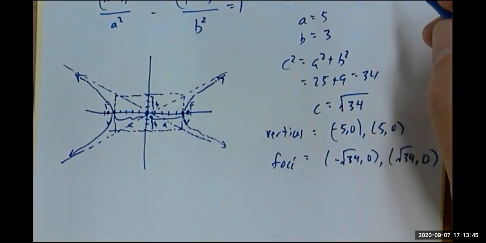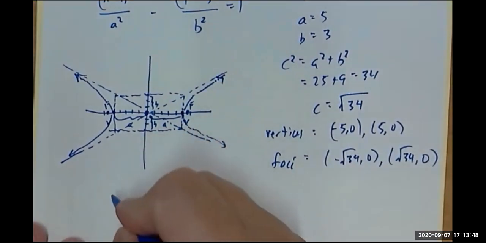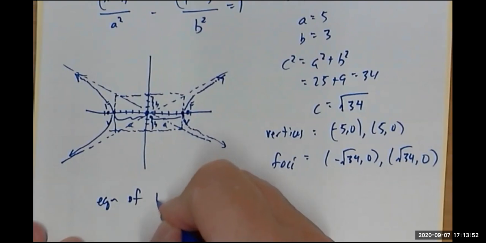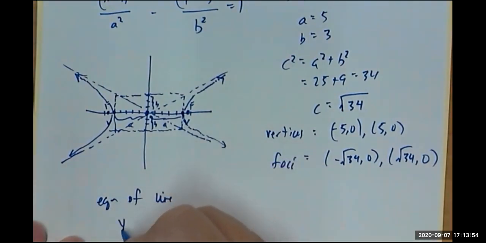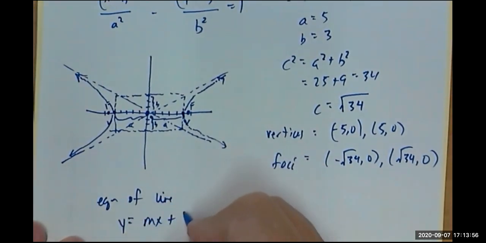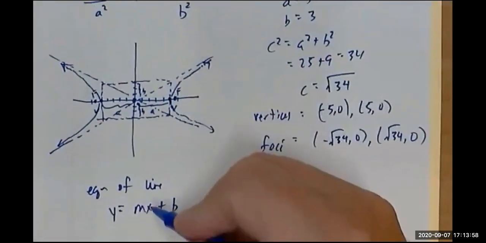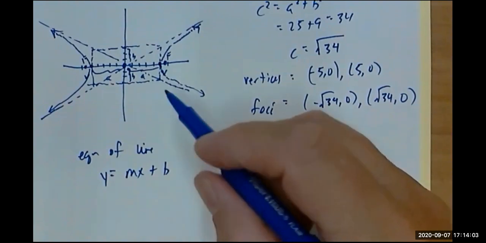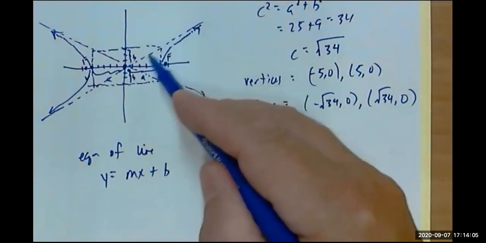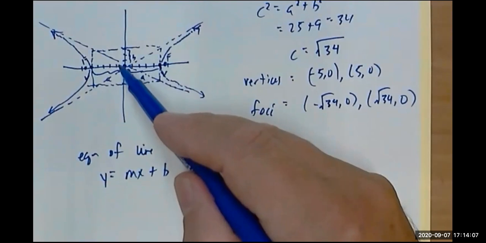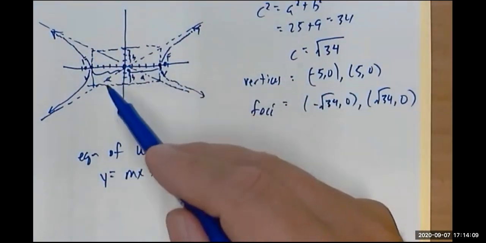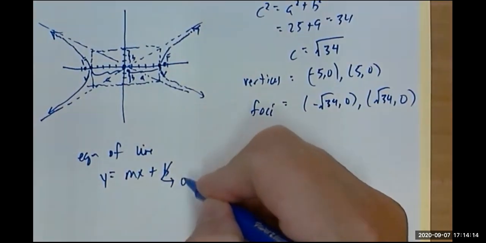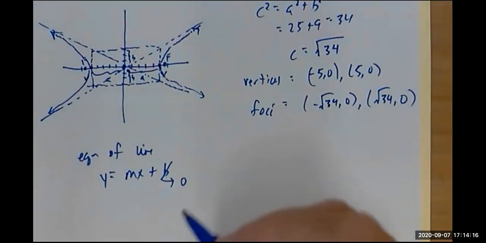Now, how do you figure out the asymptotes? The equation of a straight line, we like to use the slope-intercept equation, where m is the slope, b is the y-intercept. Now, the nice thing is, for both these lines, when they cross the y-axis, they cross it at 0, which means for both of these, the y-intercept is 0.